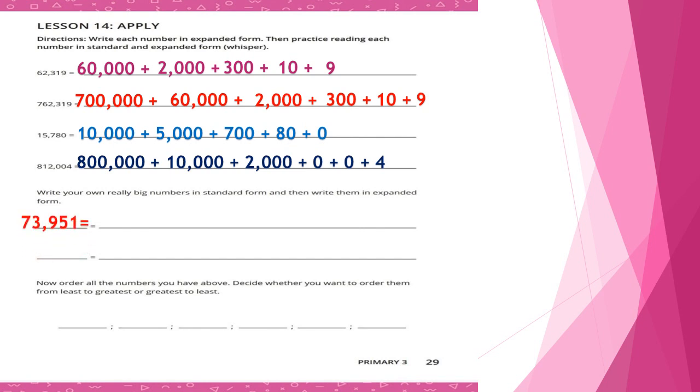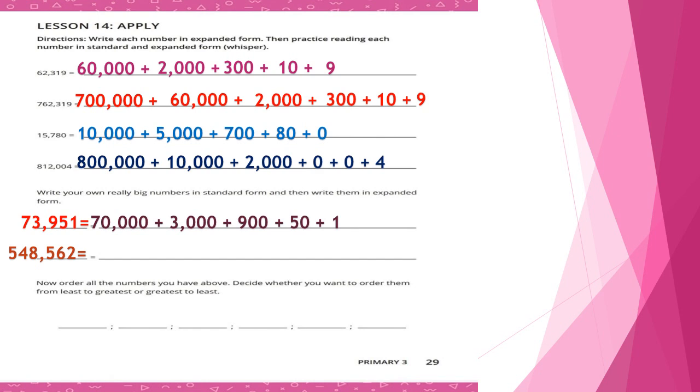We will write 73,951. Let's write it in expanded form. 73,000. So we write 70,000. We put 3 zeros to 70. And 3,000 plus 900 plus 50 plus 1. The second number, 548,562.